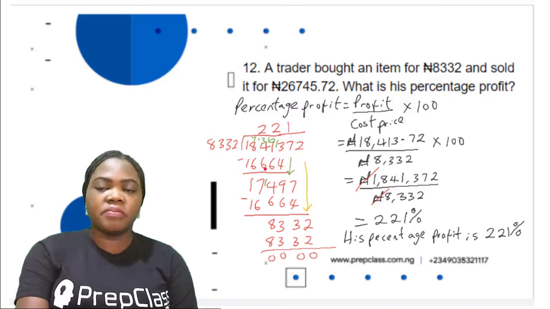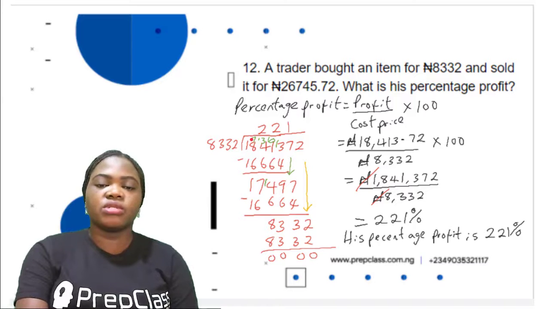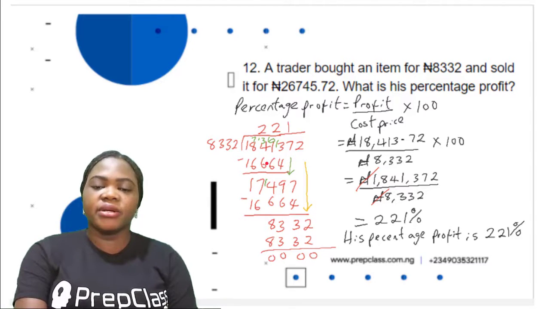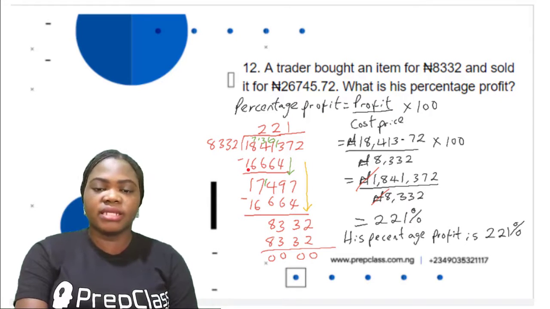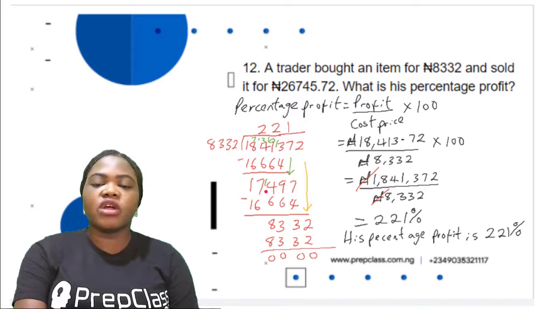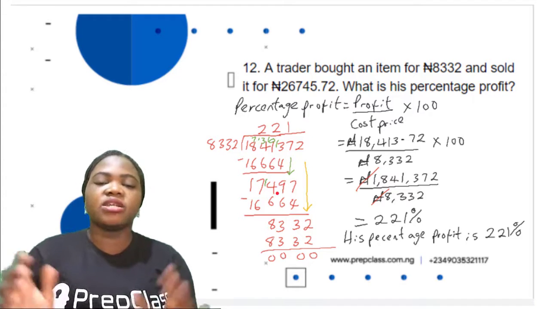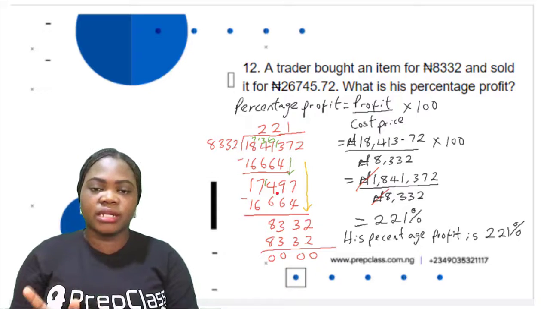Then 3 minus 6 is not possible as well, so we have to go to the next digit and take 1. The next digit is 8. 8 minus 1 is 7. Then we put that 1 here, and this becomes 13. 13 minus 6 is 7. Then 7 minus 6 is 1. 1 minus 1 is 0, so we do not write it. 1,749 is the answer, and it is not divisible by 8,332.